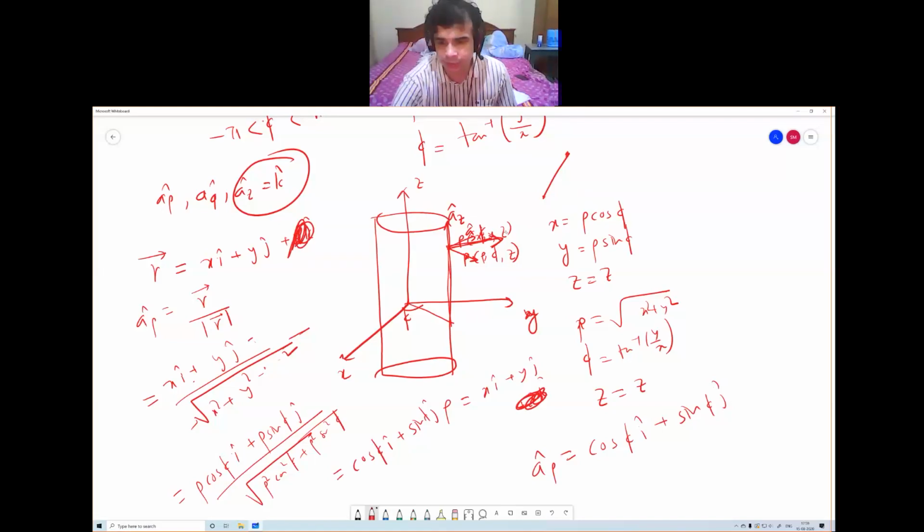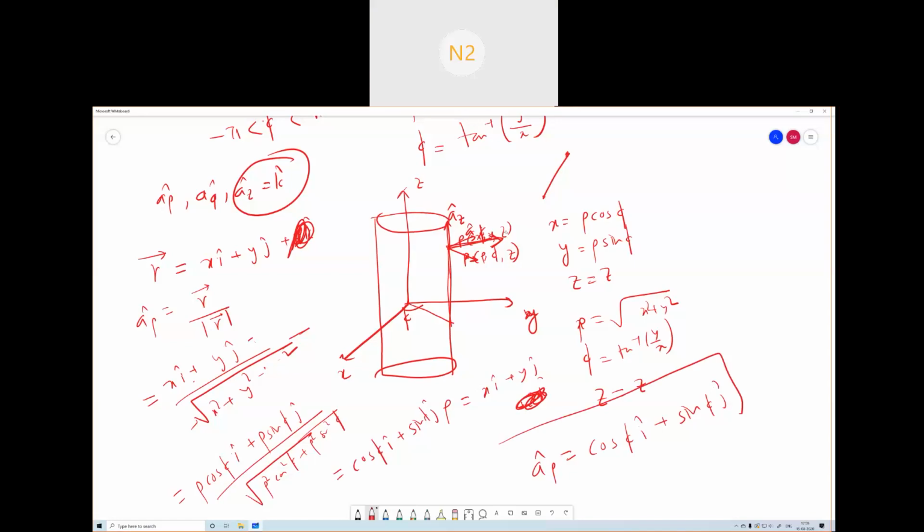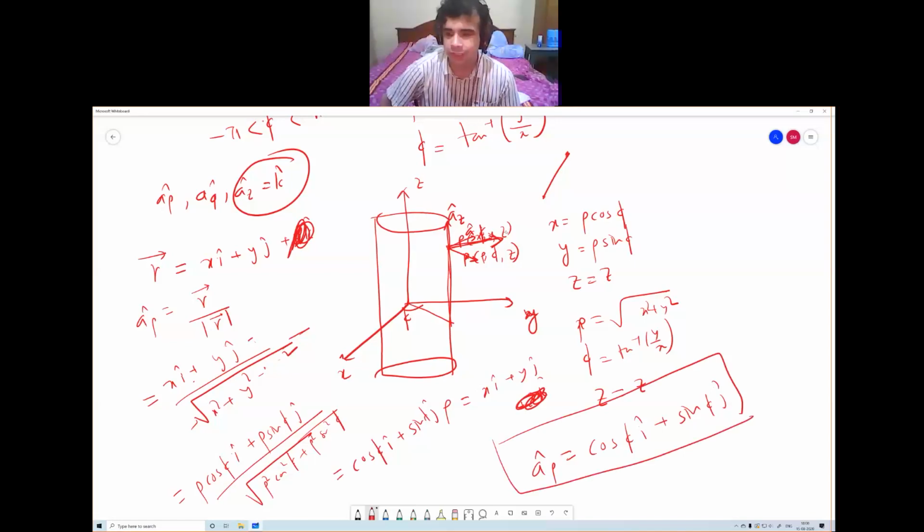What is the striking thing to find here from this equation? What is something to be very cautious about? i, j, and k: do i, j, and k depend on x, y, z?